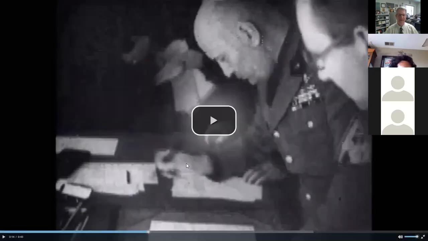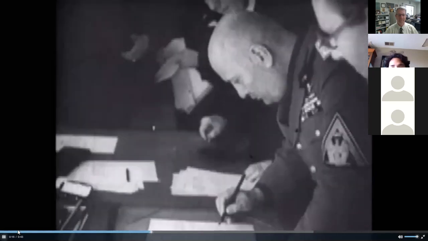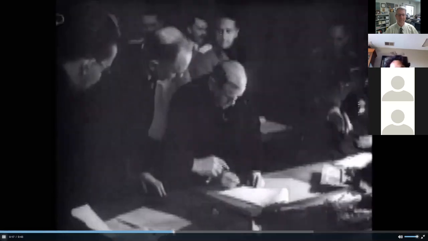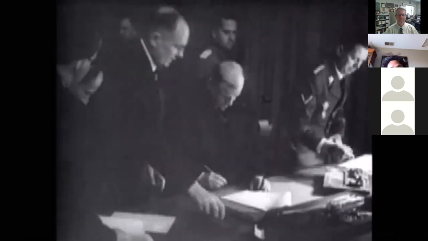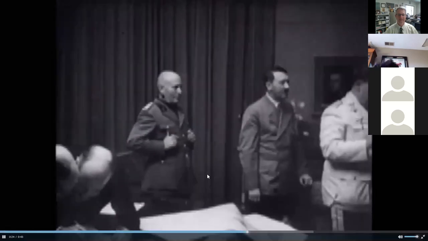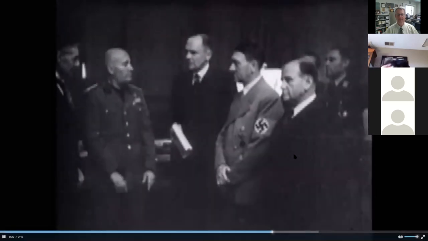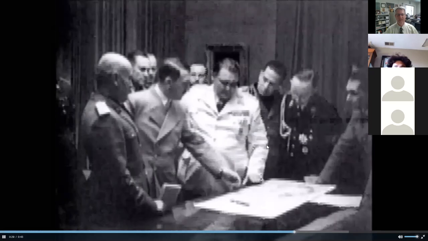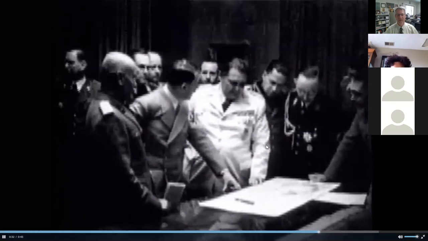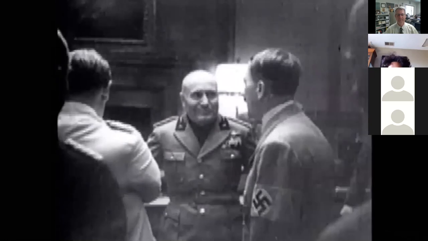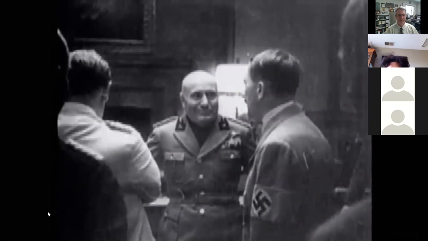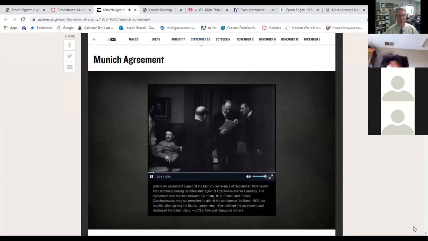Right there is Mussolini signing. That's Mussolini. Hitler, you see him with his Nazi emblem on the side. So that is basically the Munich Agreement.